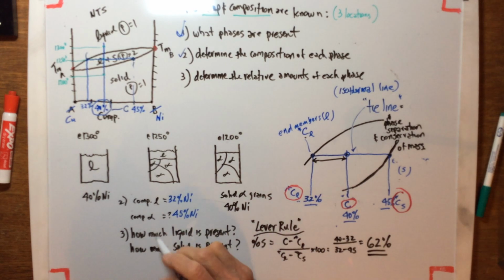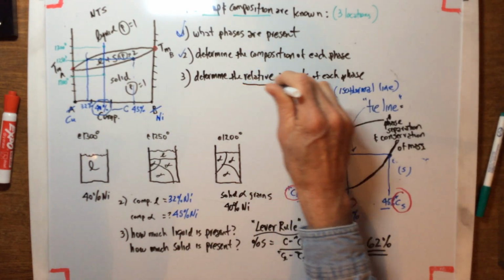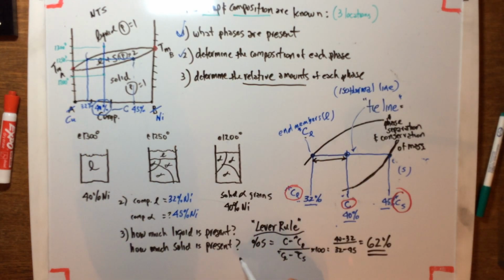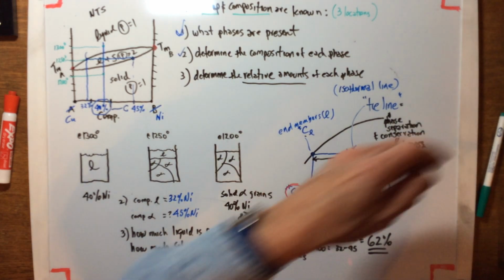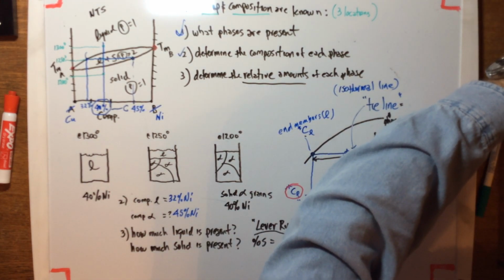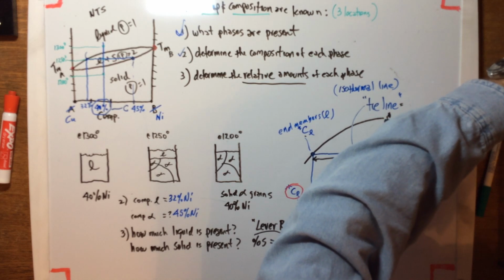So we've just answered both of these questions. What is the fractional amount, also referred to as the relative amounts, in each? So we have 62% solid.